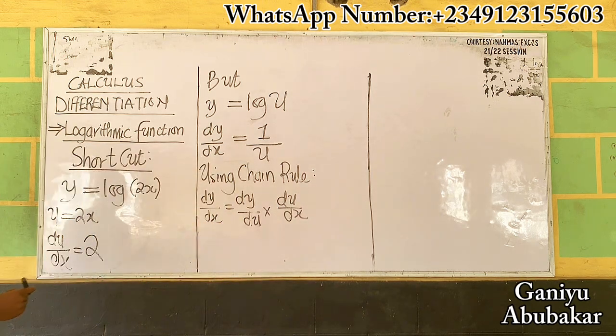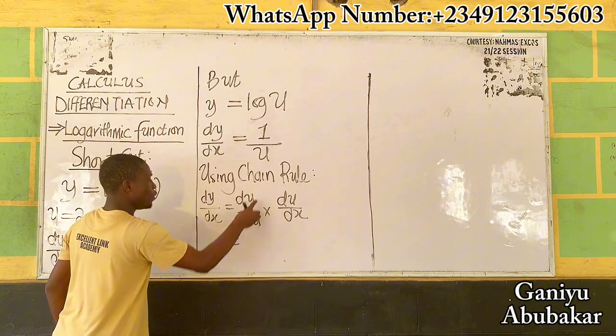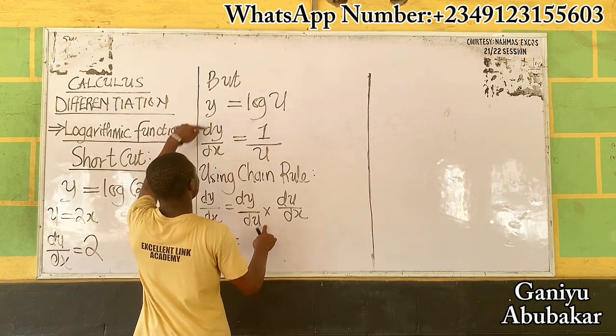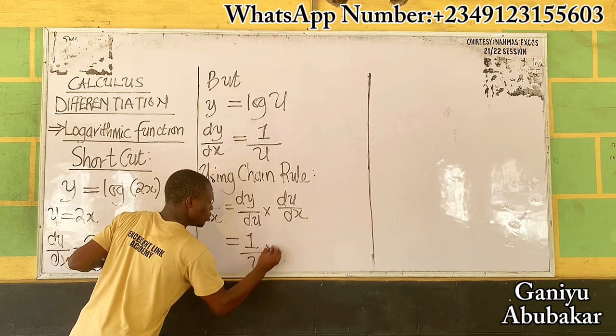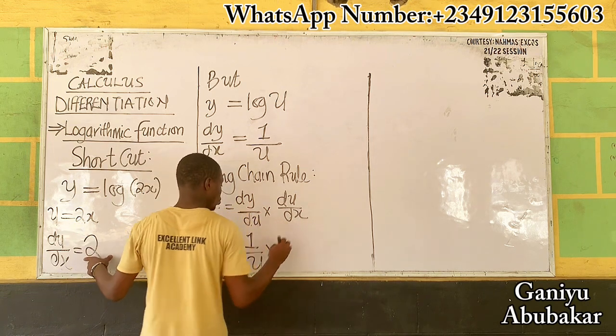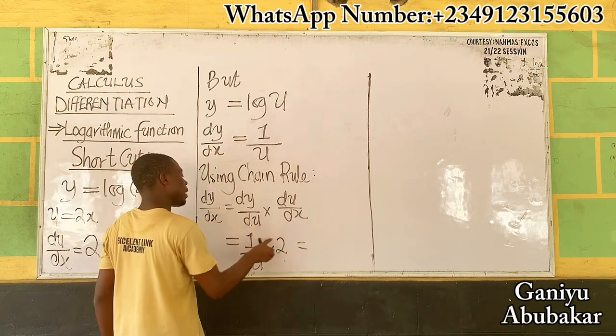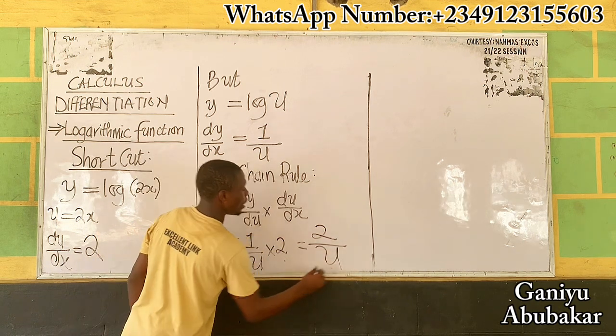All right, I have this. Proceeding from here, dy over du is 1 over u, so I have 1 over u times du over dx, which of course is 2. 1 times 2 is 2 over u.